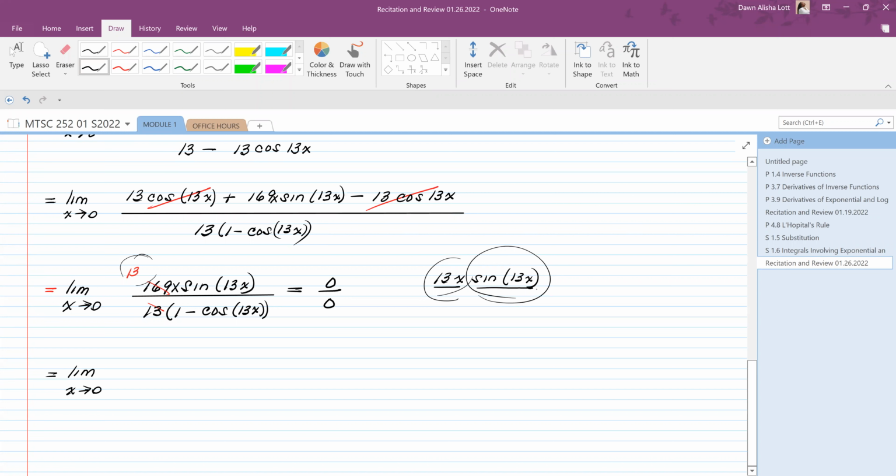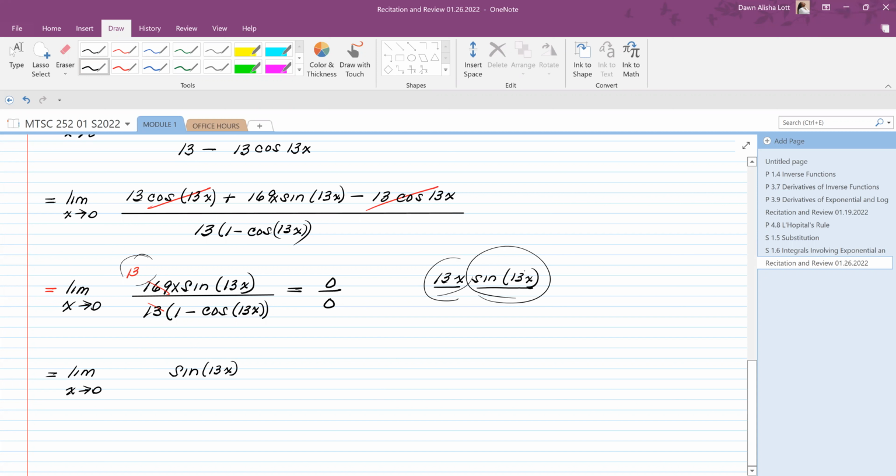Okay, so let me see your derivative. For the numerator, it was sine of 13x plus 13x times the cosine of 13x. Okay, so that's what I'm saying. You got the sine of 13x, where did that come from?